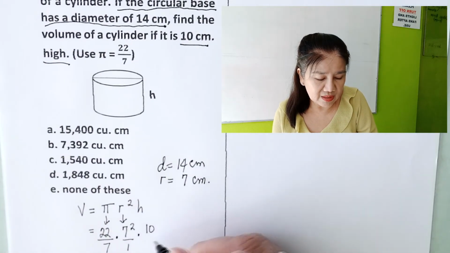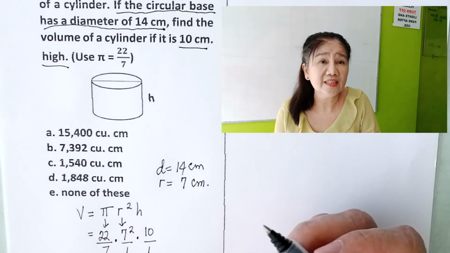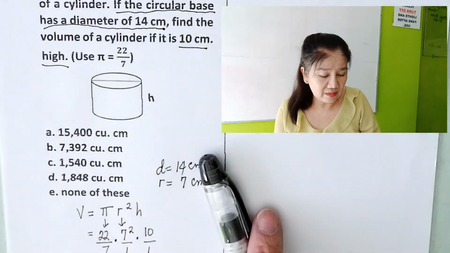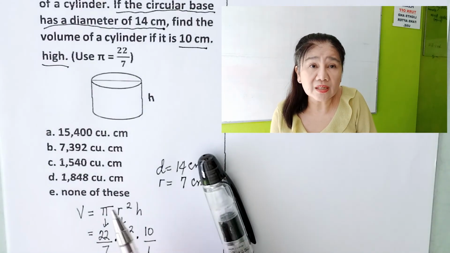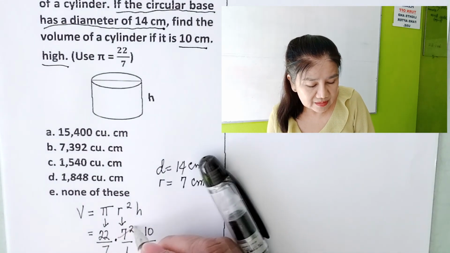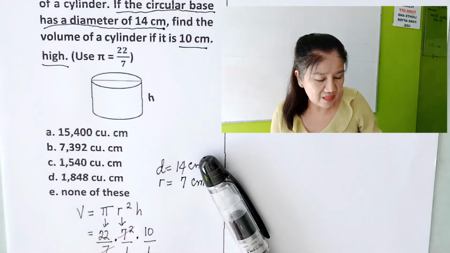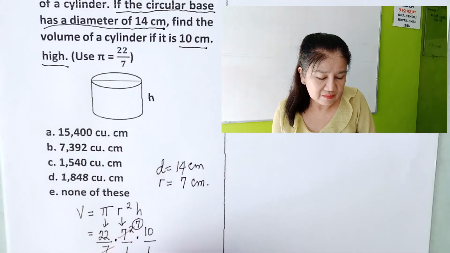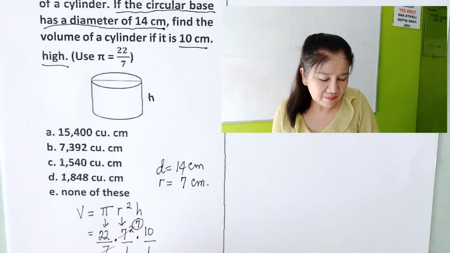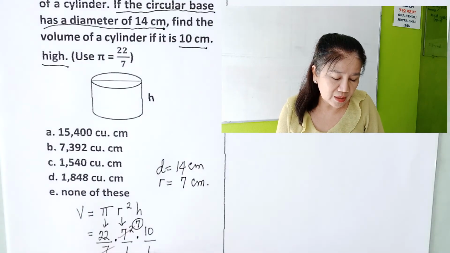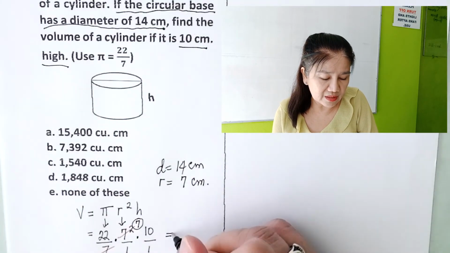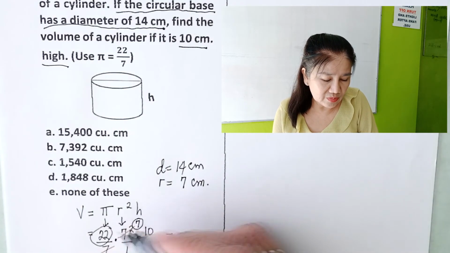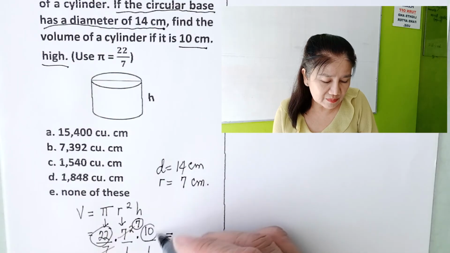This is over 1. This is over 1. So we can now use cancellation again. 7 squared over 7 is 7. As you can see, all denominators are now 1. So we will be having here 22 times 7 times 10.